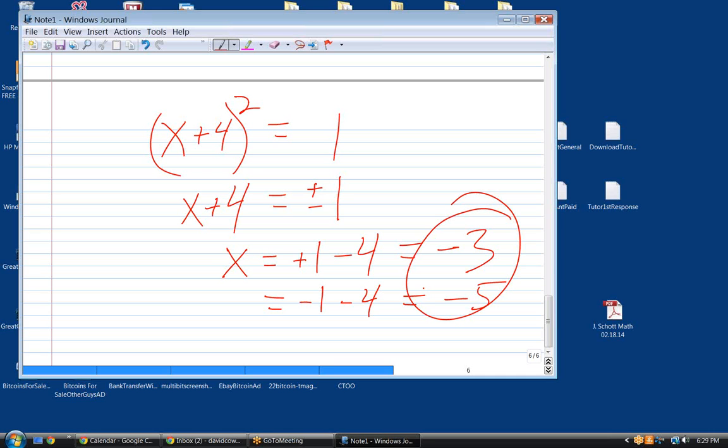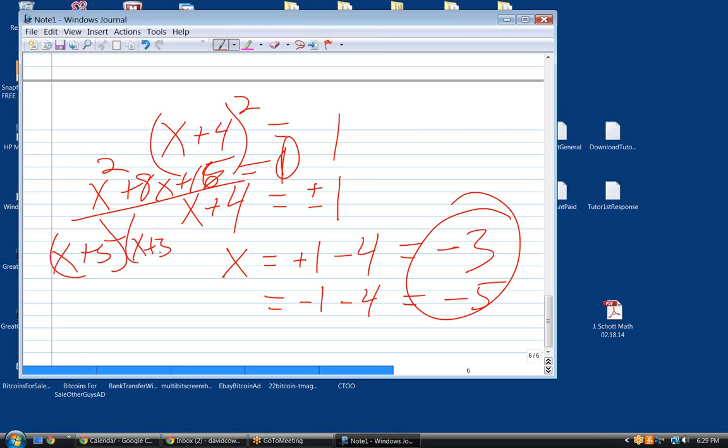Okay. And it was far easier to do this problem by taking the square root of both sides than it would have been to expand this into x squared plus 8x plus 16 equals 1. Then I subtract 1 from both sides, equaling 0, and then hopefully I'll see that that factors into x plus 5 times x plus 3 to give me these two solutions.